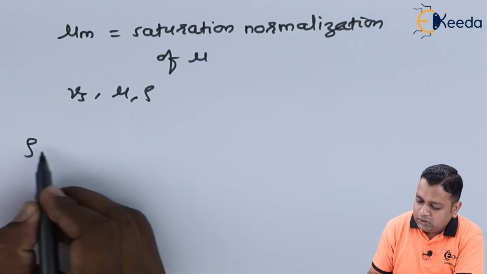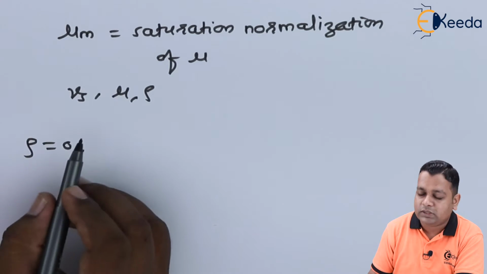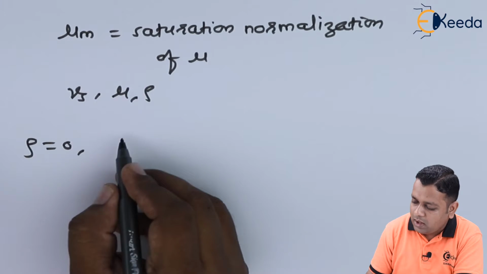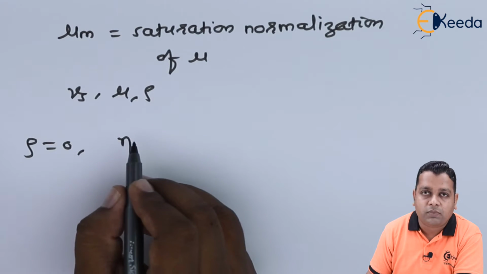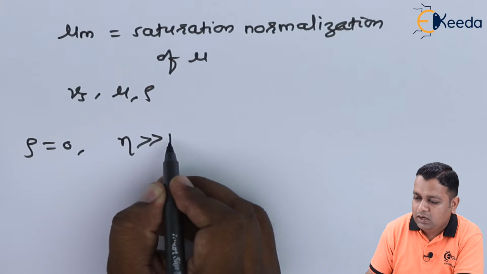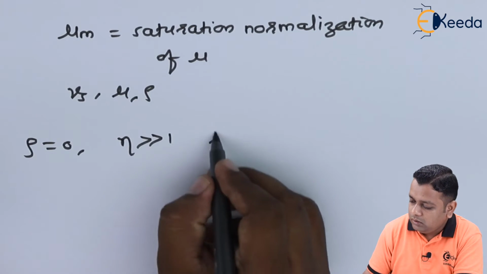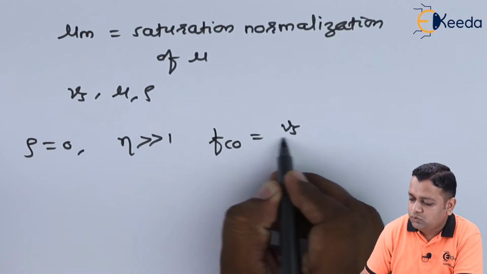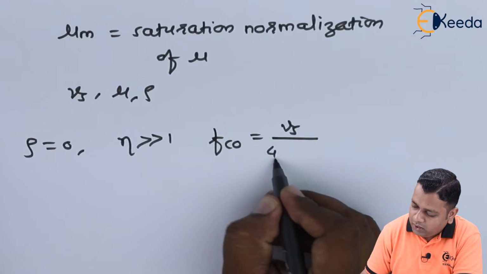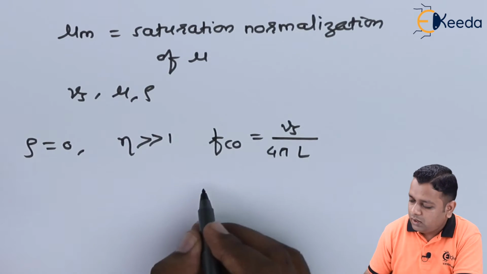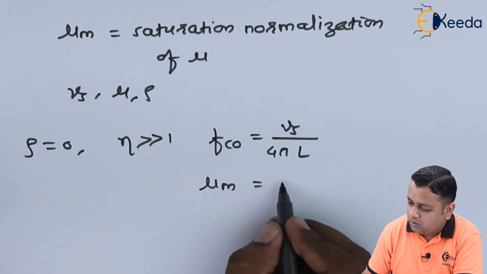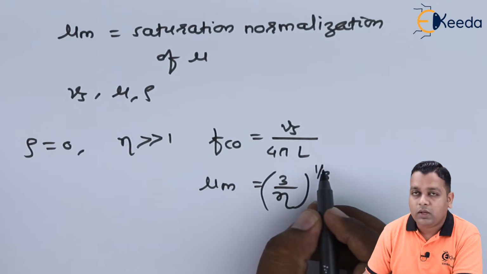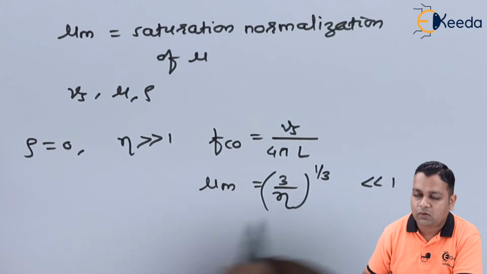Now when we take the condition that rho is equal to 0, that means the gate to source voltage is kept equal to 0, and the eta parameter defined earlier is very much greater than 1, the cutoff frequency f_CO is equal to the saturation velocity V_s divided by 4 pi L, and mu_m is equal to 3 divided by eta, to the power 1/3, which will be very much less than 1.